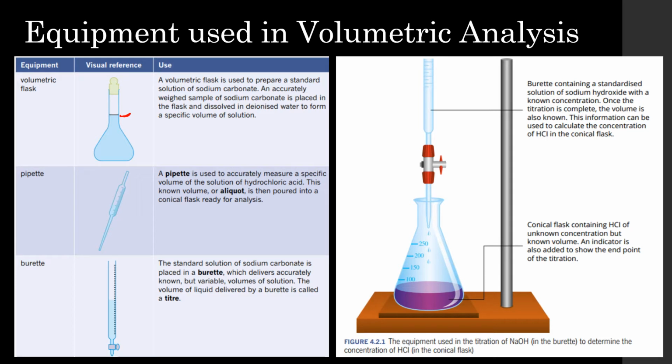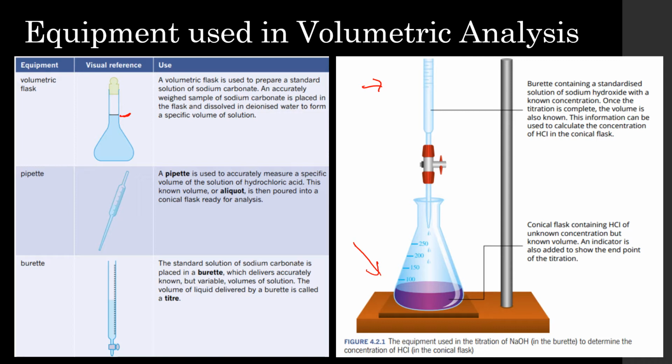We have a pipette, used to measure out specific volumes of a solution, for example, of hydrochloric acid. This is called an aliquot, and it's poured into the conical flask at the bottom of the titration, ready for analysis. In this one, we would have sodium carbonate at the top in the burette.